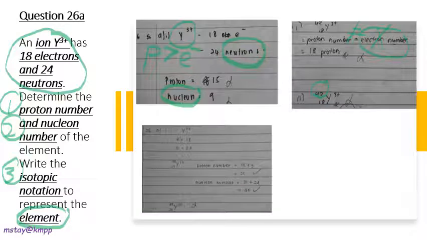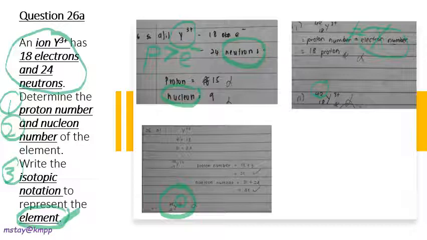Student C is able to determine the proton number and neutron number. However, student C cannot get marked for the isotopic notation because the isotopic notation given is with the charge, while the question asked for the element.